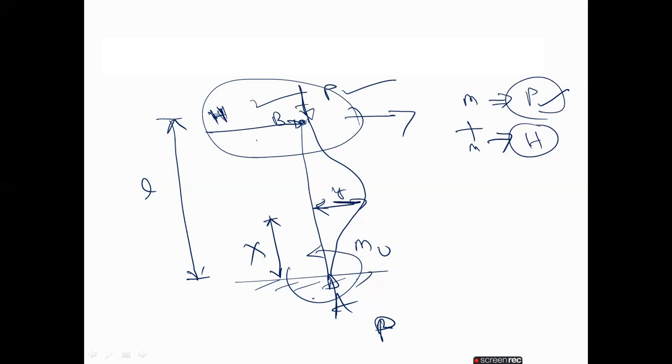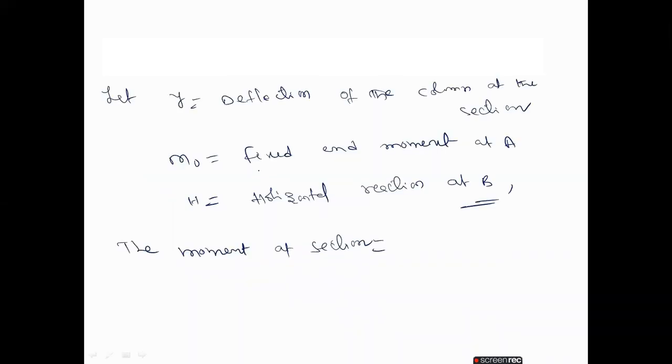Same like that, H into the length, up to here. H into this distance is nothing but L minus x. So I will write here the moment at the section: moment due to the crippling load is minus P into y, plus moment due to the horizontal reaction is H into L minus x. So this is the moment at the section.